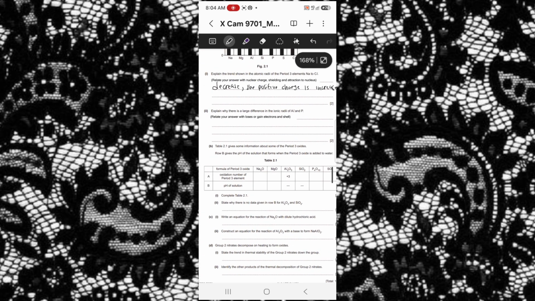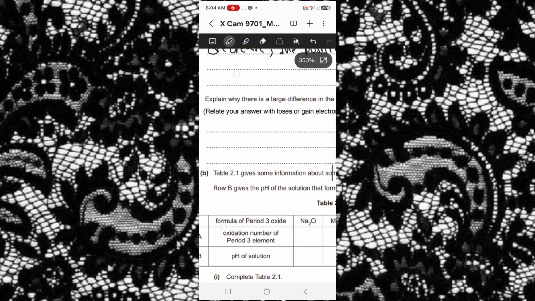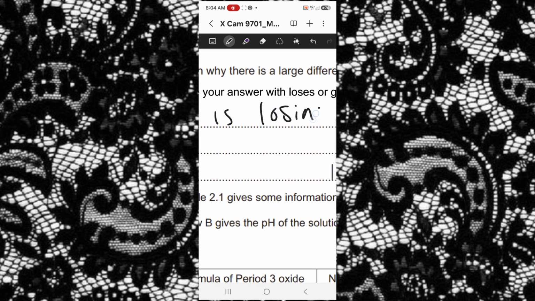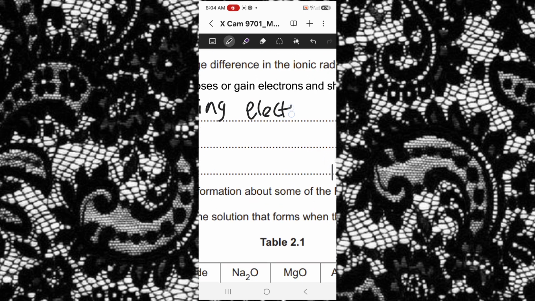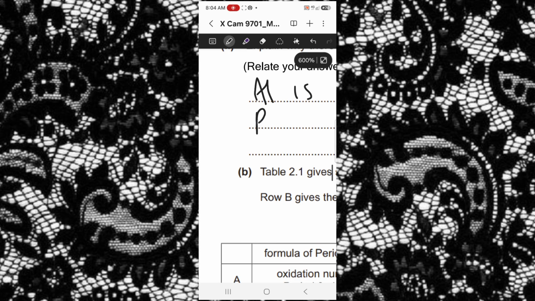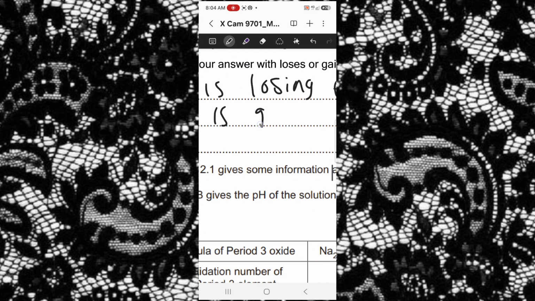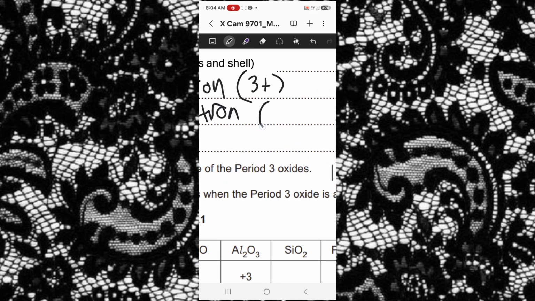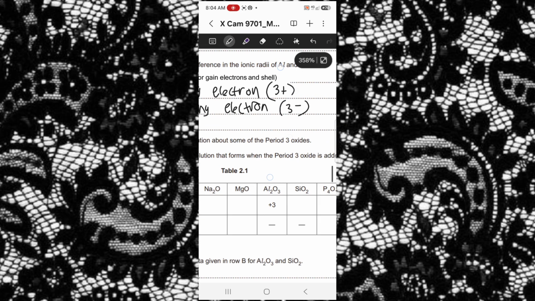And next, explain whether there is a large difference in the ionic radius of Al and P. So Al is losing electron. Why? Because we see that the ion of Al is 3+. Meanwhile, P is gaining electron because it's 3-.